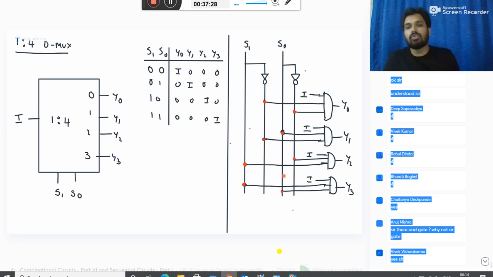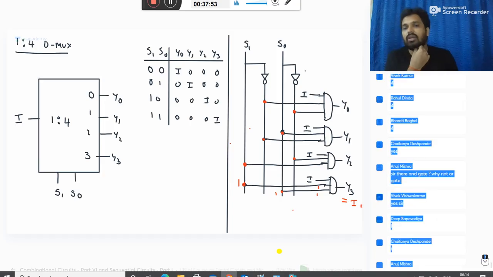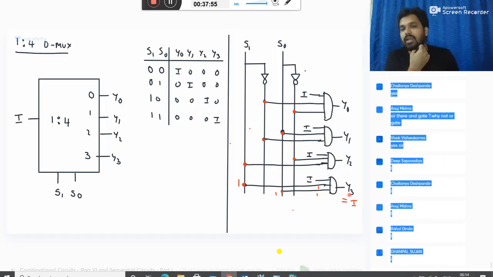Here, your job is to transfer I, only when it is 1, 1. When you keep 1, 1 here, if you use OR gate, 1 plus anything is 1. But what I want to transfer is not 1. I want to transfer I. What is the output of the AND gate here? 1 into 1 into I. What is the answer? I. So based on your I, you will get it here.